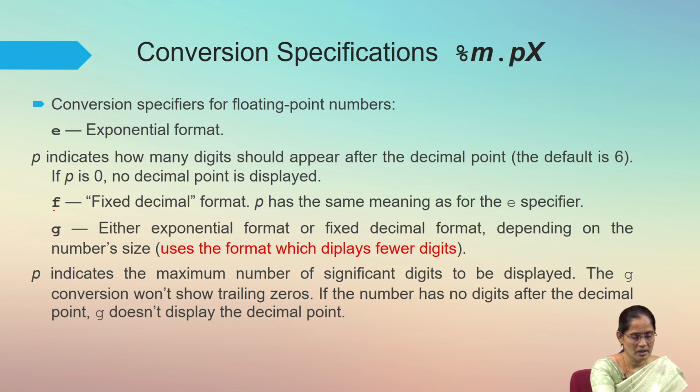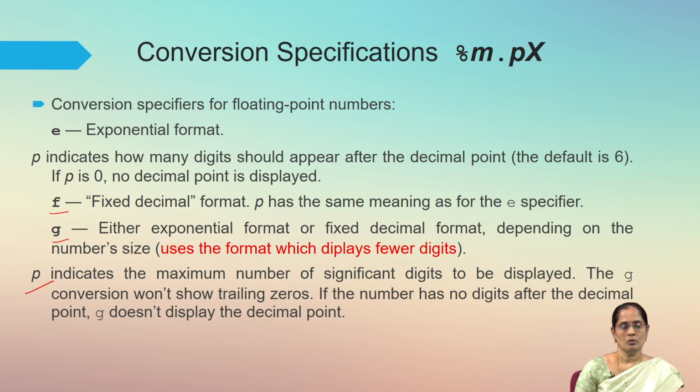I use F and G. We have already seen that F can be used for fixed point floating point value display. Also G can be used with respect to both the exponential format and fixed decimal format. In both these cases, P will represent the maximum number of significant digits to be displayed.